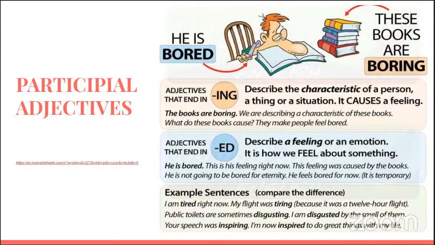For example, he is bored. These books are boring. Here we are expressing a feeling, and here we are expressing a characteristic. So adjectives that end in ing describe the characteristic of a person, a thing, or a situation, and it causes a feeling.